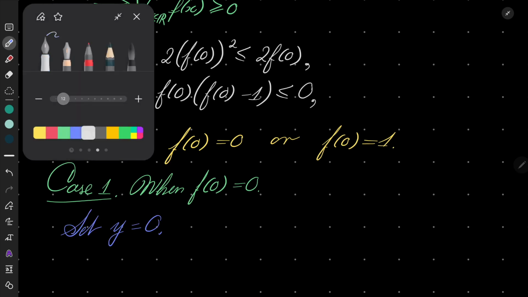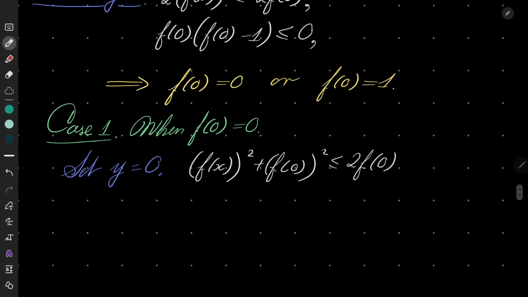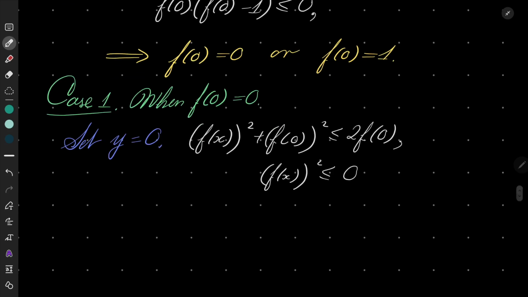And we have now f of x squared plus f of 0 squared less than or equal to 2 times f of 0. Which means that f of x squared is less than or equal to 0, which means that our function must be constantly equal to 0. Because a square cannot be negative in real numbers.